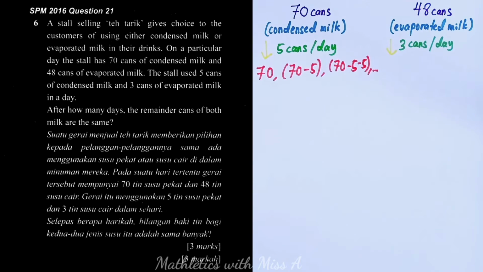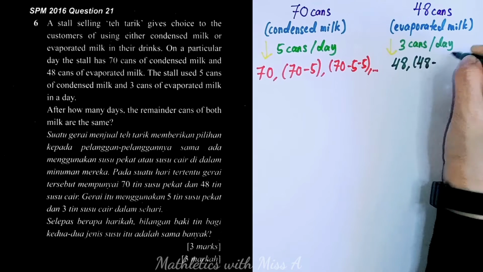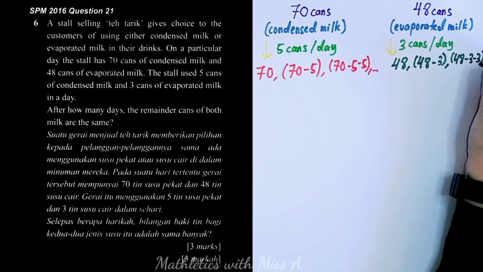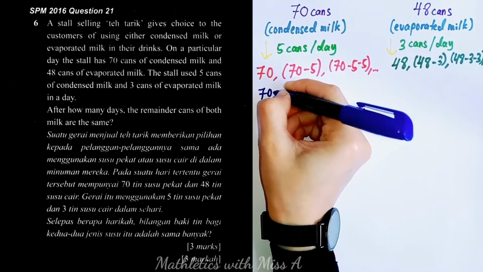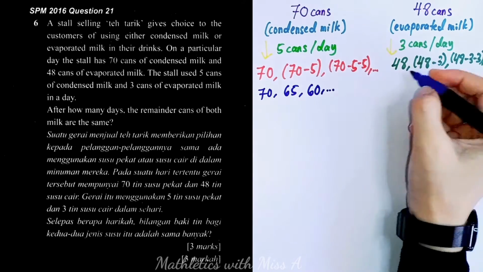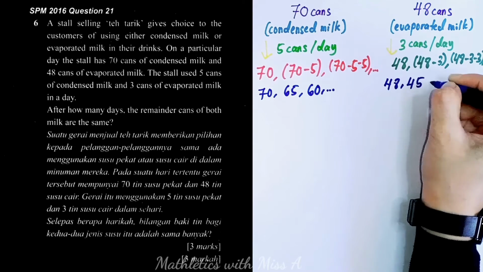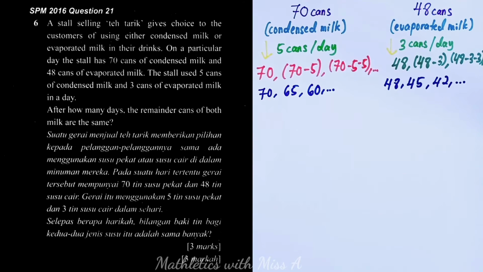And the other one, the first day we have 48, then 48 minus 3, and the third day 48 minus 3 minus 3. And then make a sequence. So 70, 65, 60, and the other one is 48, 45, 42.